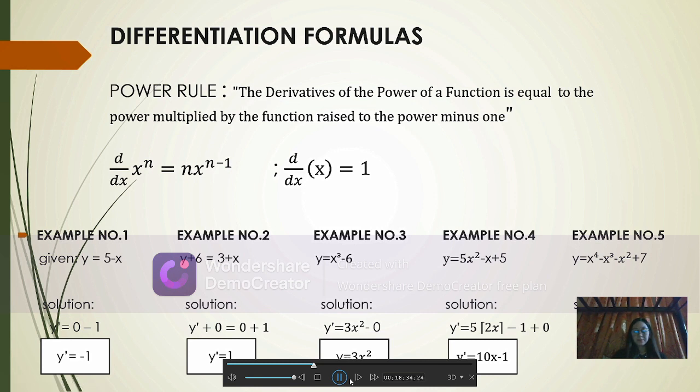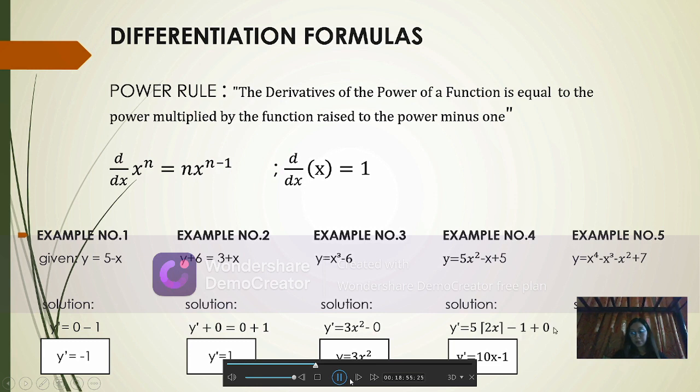So, example number 4. y is equal to 5x squared minus x plus 5. So, ang solution natin is y prime is equal to 5 and 2x minus 1 plus 0.